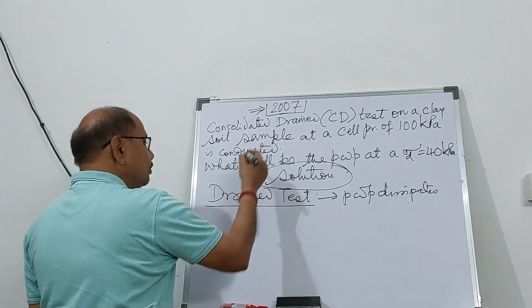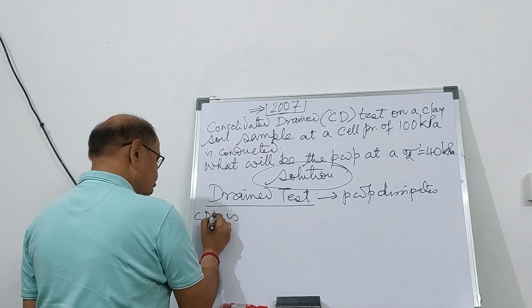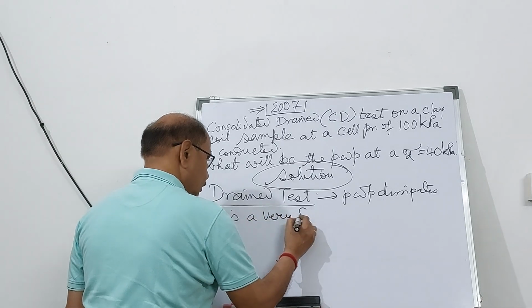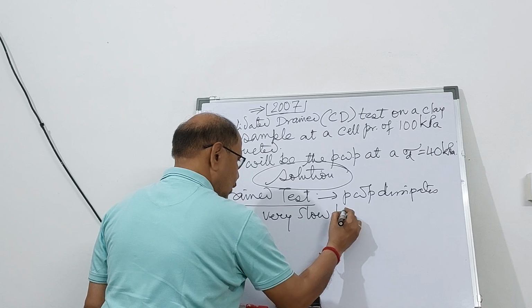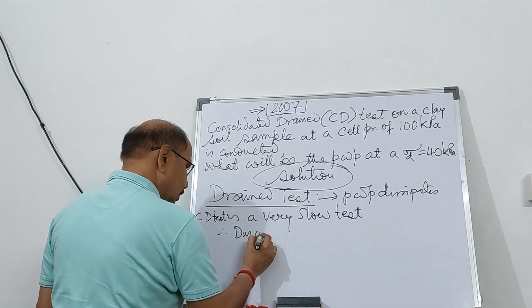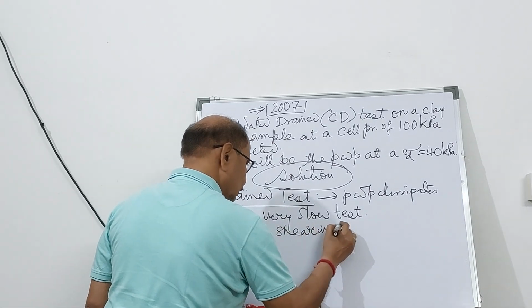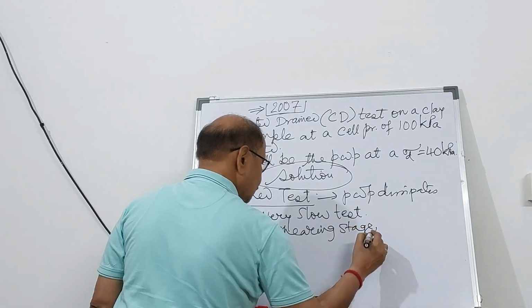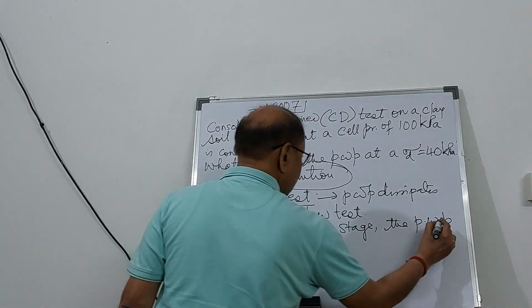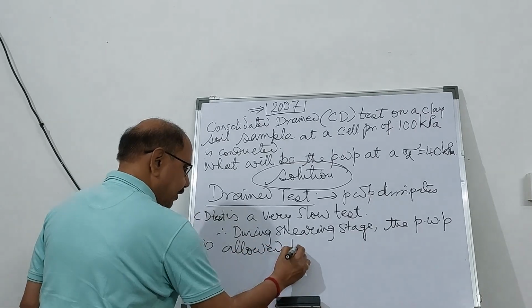Because the CD test is a very slow test, and therefore, during the shearing stage, the pore water pressure is allowed to dissipate.